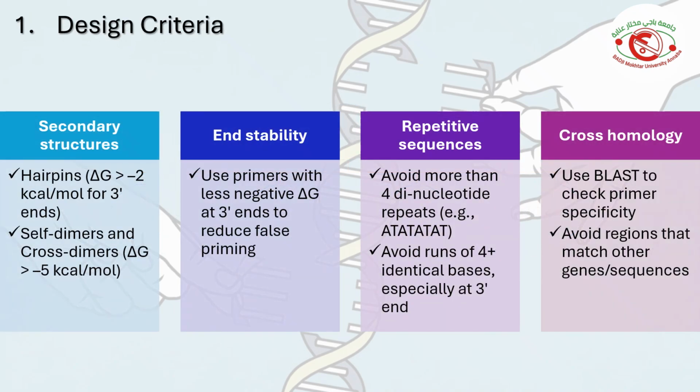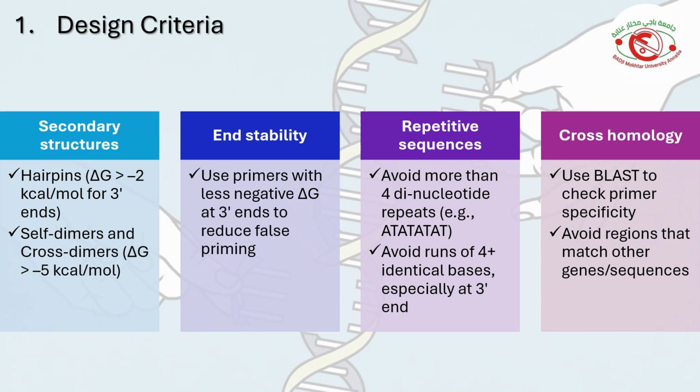Another important consideration in primer design is to avoid secondary structures, such as hairpins and dimers. For example, a hairpin with a delta G lower than -2 kilocalories per mole at the 3' end should be avoided because it destabilizes binding. Similarly, cross dimers or self-dimers should also be minimized, especially at the 3' end, since these structures can reduce PCR efficiency and lead to unwanted products.